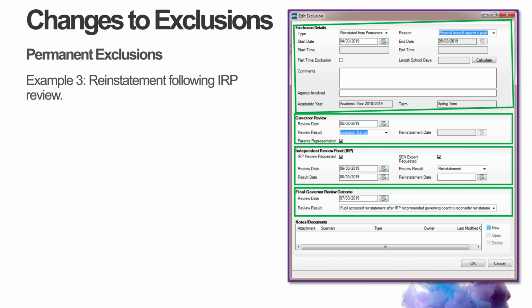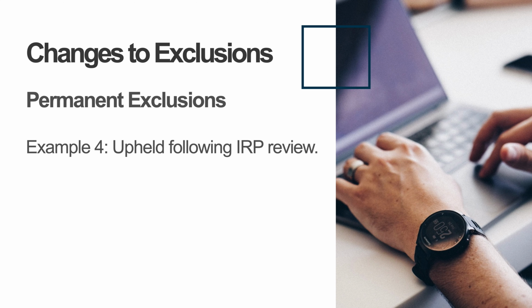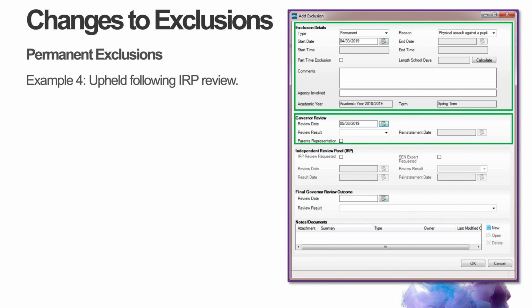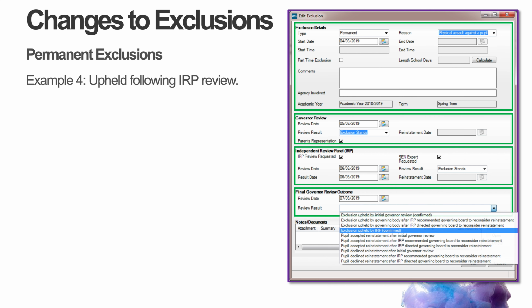Okay, we would then record the nature of the exclusion at the top there as reinstated from permanent on the appropriate date. If the IRP upholds the initial decision of both the head and the governors, the exclusion is recorded, the governor review date recorded, the IRP review date recorded together with the details, and then in the final governor review outcome, we'd record that the exclusion was upheld by the IRP.